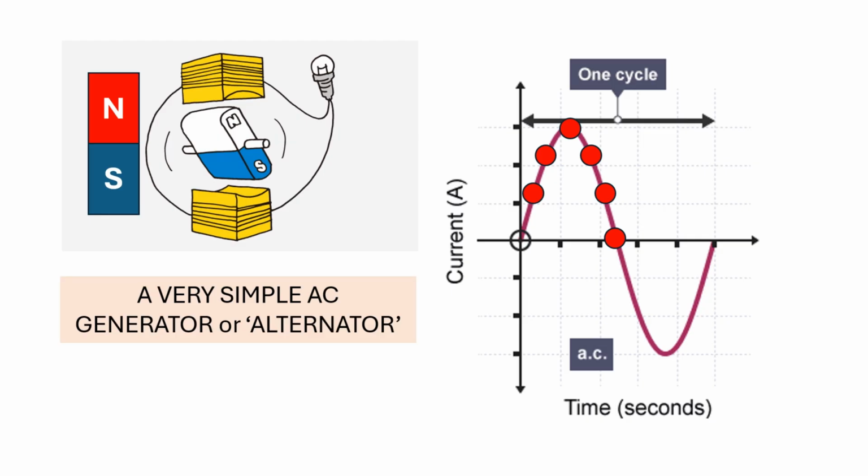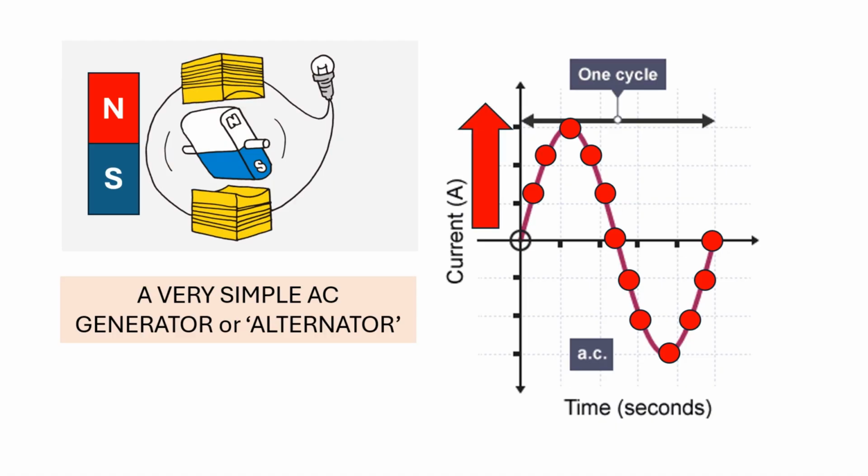As the south pole spins towards the top and the magnetic field is reversed, the current flows in the other direction, reaching a maximum when the south pole is under the coil and falling away to zero again as the pole moves away. One full rotation of the magnet causes one full cycle of the current wave.